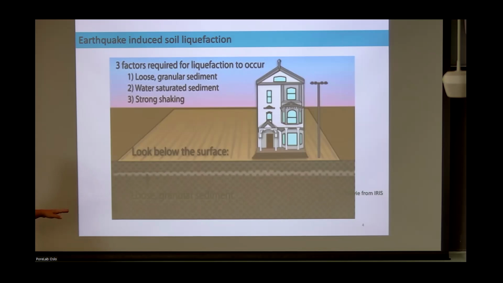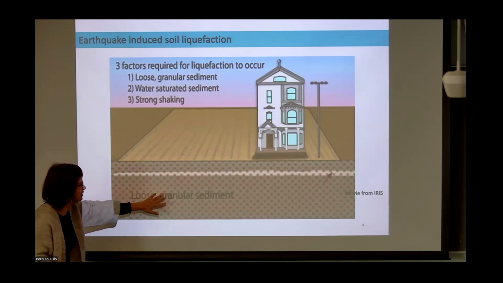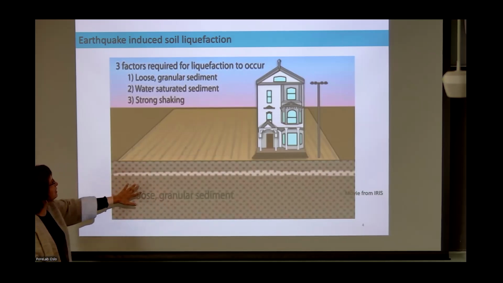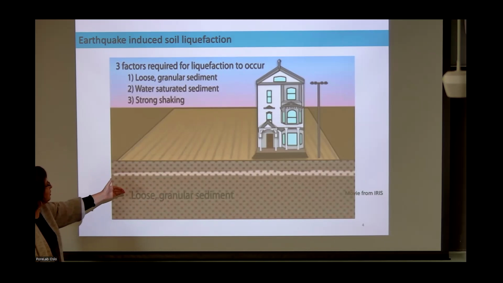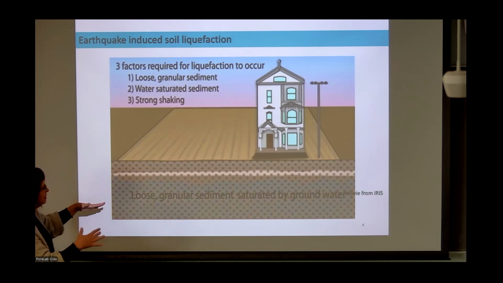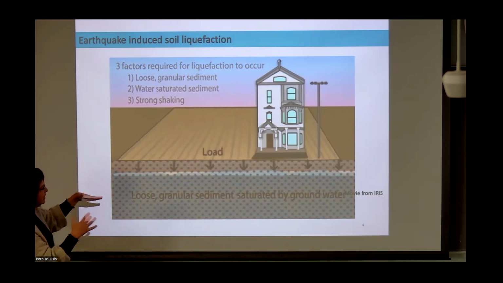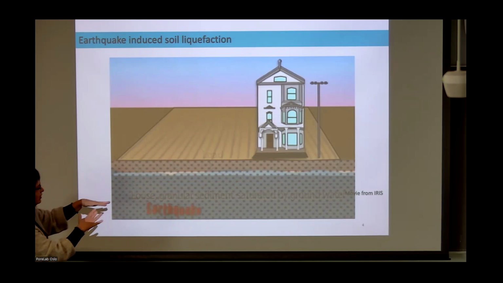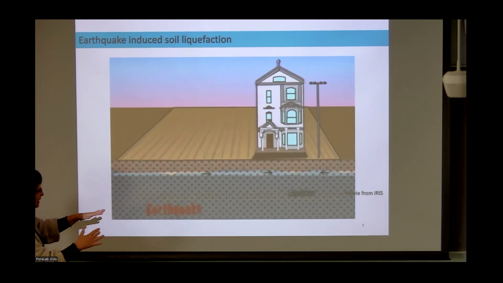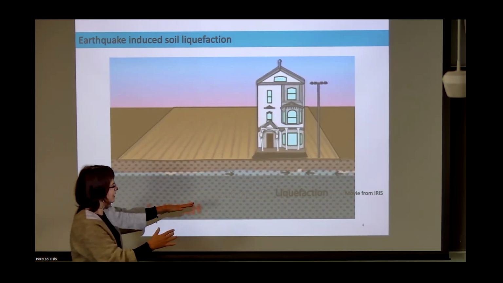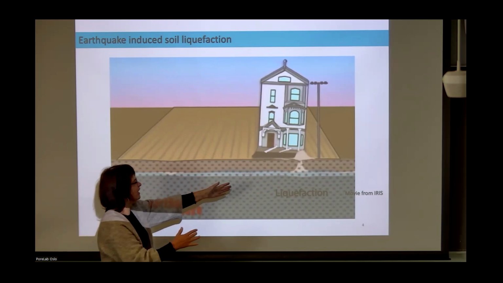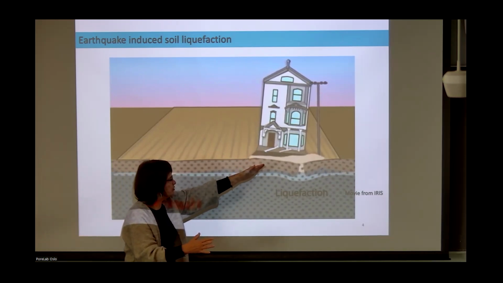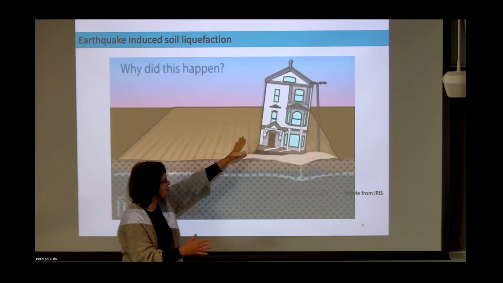Now you see below the surface we have loose granular sediments, and there's water in the sediment. And then comes the earthquake. There's shaking of this granular fluid-filled sediment, and then it liquefies. Now the liquid emerges to the surface, and the building sinks.